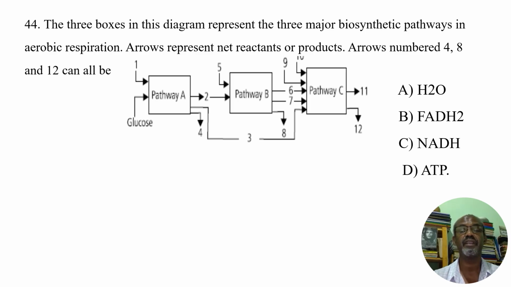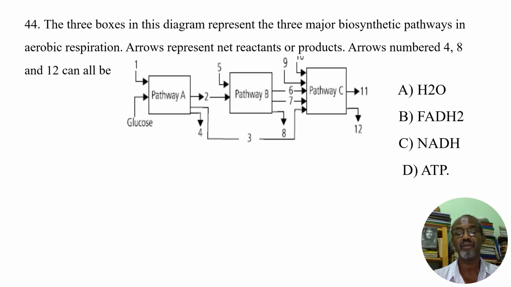The three boxes in this diagram represent the three major pathways in aerobic respiration. Arrows represent net reactant or product. Arrows number 4, 8, and 12 are output common for all these pathways. Is water a product in all three? No, water is not common. It is produced in the electron transport system as output. FADH2 is only produced in the citric acid cycle.